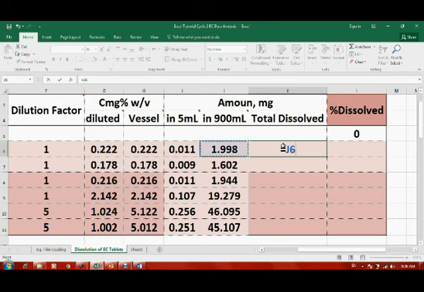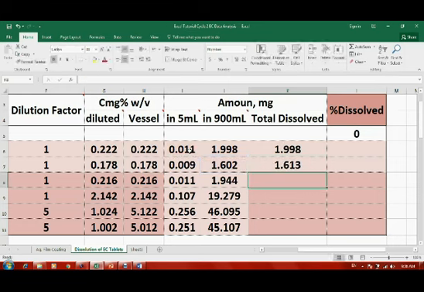For the first sampling time, the total amount dissolved is equal to the amount in 900 ml, while for the second sample in the SGF stage, the total amount is equal to the amount in 900 ml at the same time plus the amount in the 5 ml sample at the previous time in the same stage.